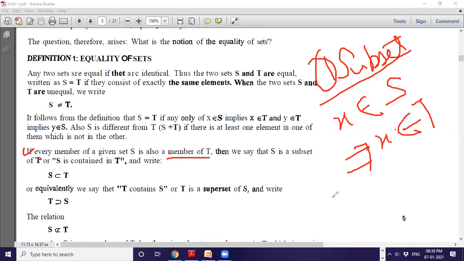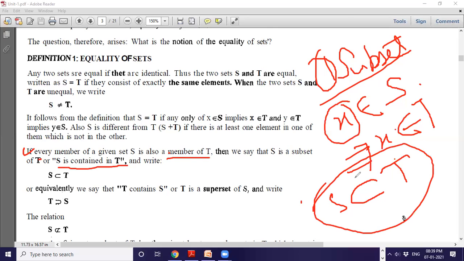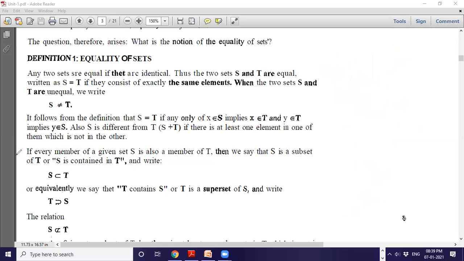S is a subset of T, and we represent this with this symbol. Got it? And sometimes we also say S is contained in T, because every element that is in S is also in T, so we can say S is contained in T. Clear? Okay, so the definition of subset is clear.